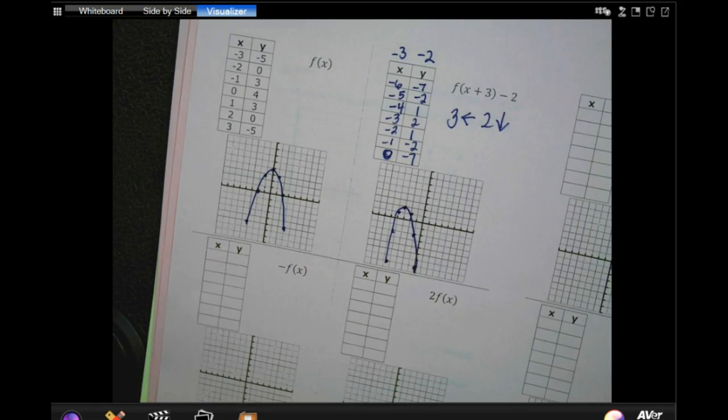So we took the quadratic and shifted it 3 to the left and 2 down. It doesn't change shapes except my funky drawing.